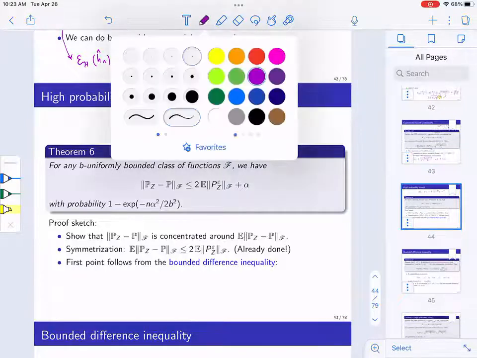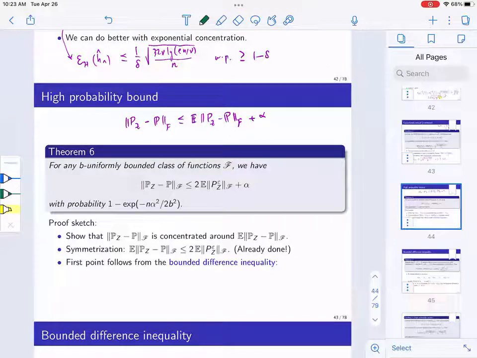And then by the symmetrization argument that we did, this is further bounded by twice the expectation of PZ epsilon. So this result is basically saying this minus the expectation is bounded by alpha.